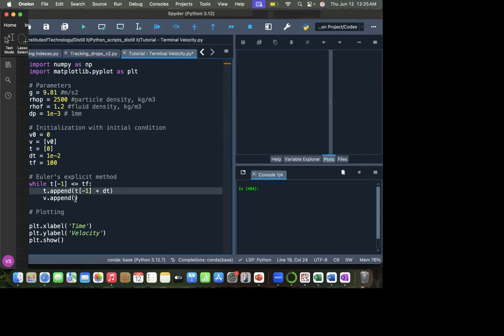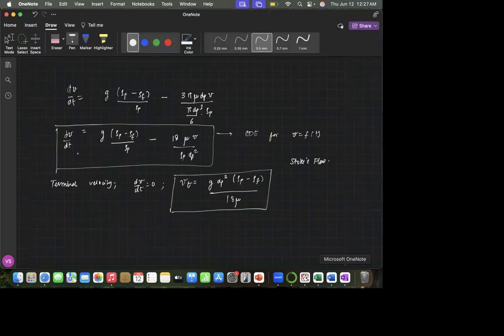While the velocity case, over here, since we have dv by dt equal to this entire thing, which is some function of v, comma t, not really of t, but since velocity is a function of t, we can say, but not necessarily. So it's just a function of velocity, right?